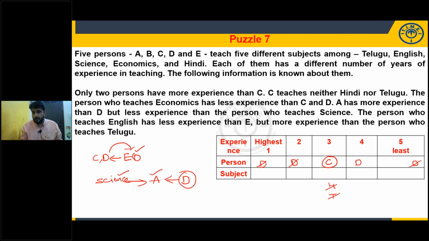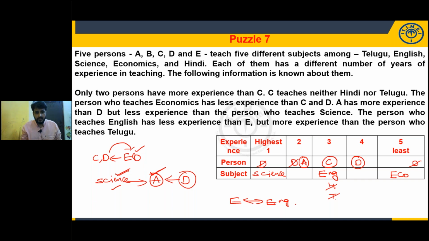So the only remaining position for D is here. But before D, I have to place A and science, and before A, I have to place science. So the only possibility is A here, and before A, science. And after D, economics. It is neither Hindi nor Telugu, so the remaining is only English. The one who teaches English has less experience than E, so E should be before English.